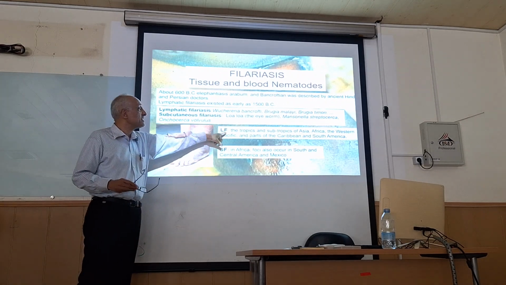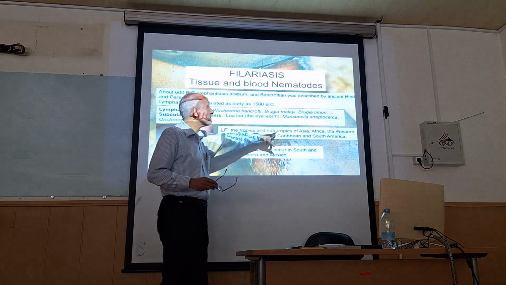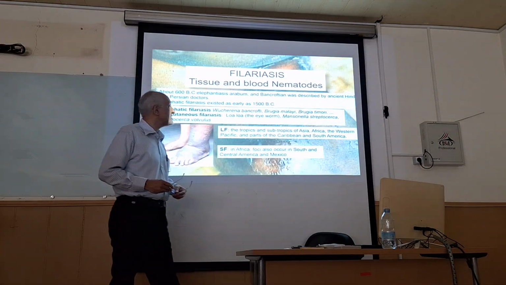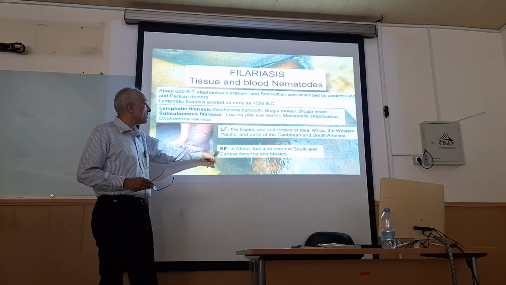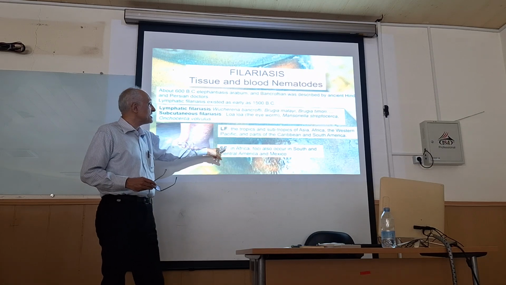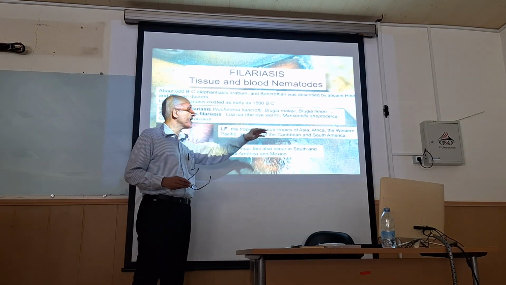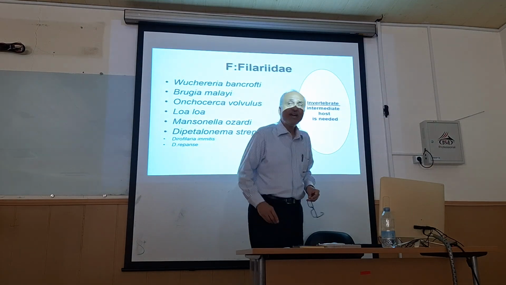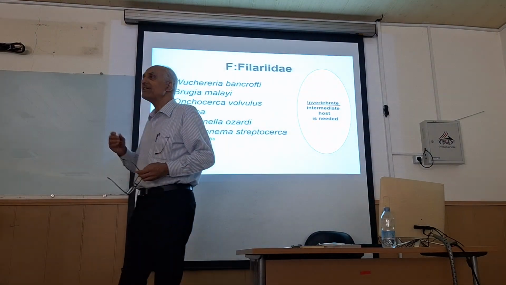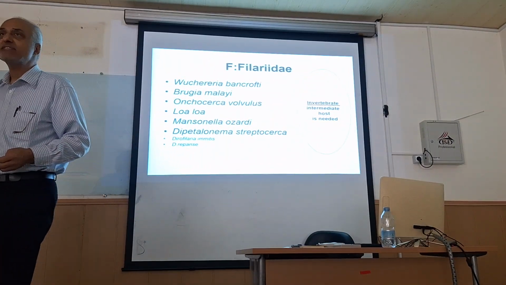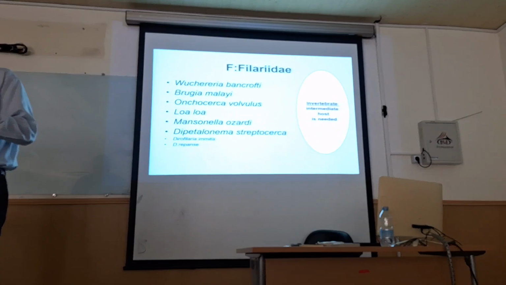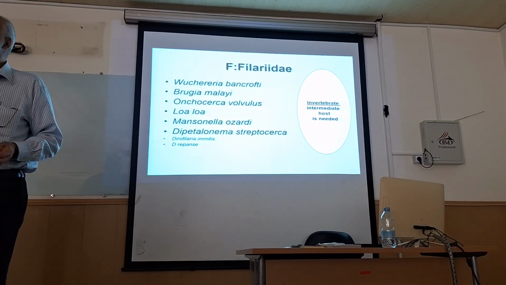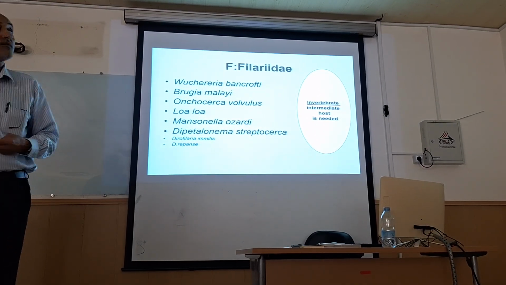Lymphatic filariasis occurs in the tropics and subtropics of Asia, Africa, and the Western Pacific. Subcutaneous filariasis occurs in Africa and the southern part of Central America. This is very important. Wherever I find something very exceptional to a specific parasite, I will mention it. Otherwise, everything I'm saying here is common to all of them.